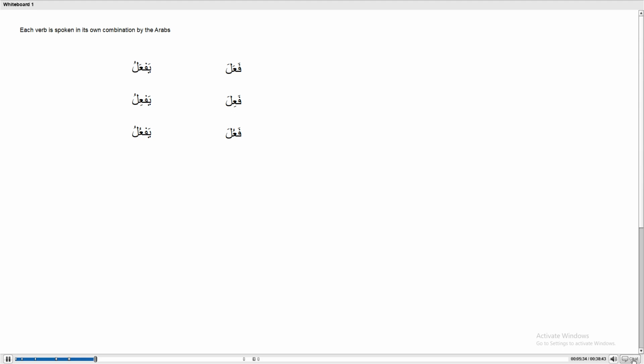So you have, for example, the verb khalaqa, which means he created. Now khalaqa is on the scale of what? Of fa'ala. Khalaqa is on the scale of fa'ala. Now the mudari' of khalaqa can only come on the scale of yaf'ulu.